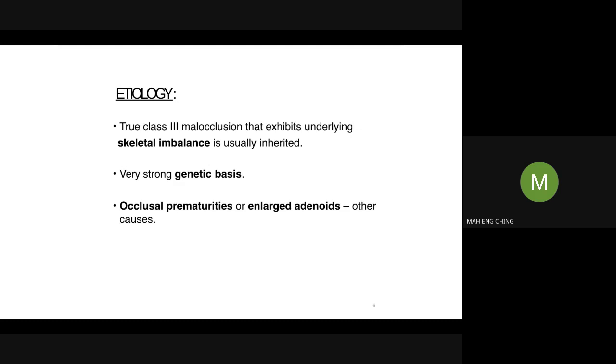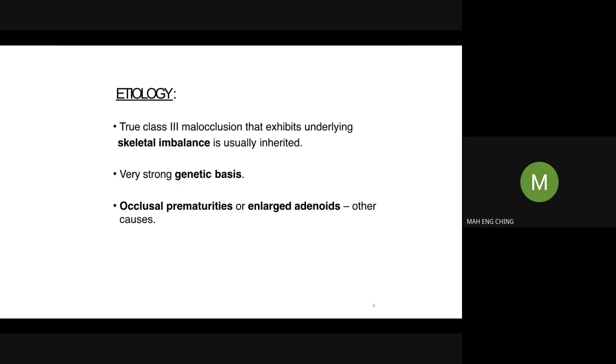A true class 3 malocclusion that exhibits the underlying skeletal imbalance is usually inherited. It means the class 3 malocclusion usually is due to the jaw relationship not matching. It can be due to the upper jaw being too short or the lower jaw being too long, and this is usually genetic. It means it is passed down through the generations. Sometimes you might skip one generation, meaning your kid won't have it, then maybe it passes down to the next generations.